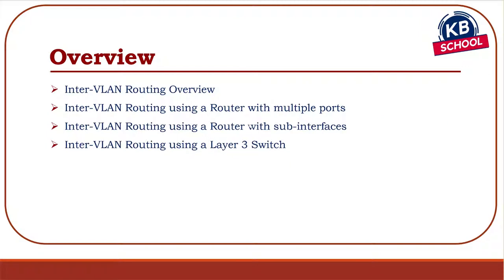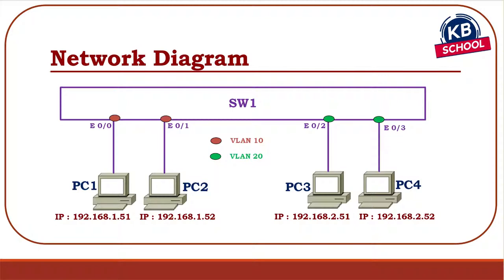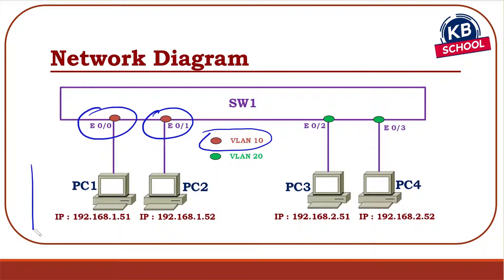The first thing I want to show you guys is your VLAN concept over here, where I have two different subnets. If you take a look at it, I have a subnet which is the red subnet over here, which is VLAN 10, which is ports E0/0 and E0/1 on switch 1. I put these two ports into a single VLAN 10. So these two PCs right now can communicate to each other.